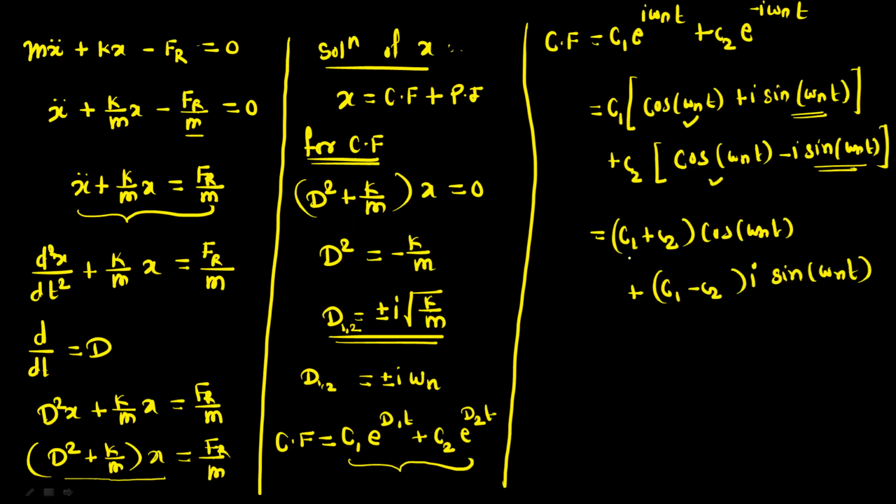Okay. So this complete value c1 plus c2, as c1 and c2 are both constants, their addition will again be a constant. So we will assume this as A1. You can assume any other constant. So A1 cos omega n t, and this is also a constant, c1 minus c2 into the complex number, so plus A2 sin omega n t.